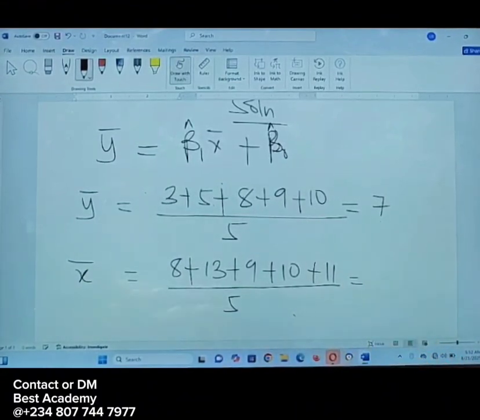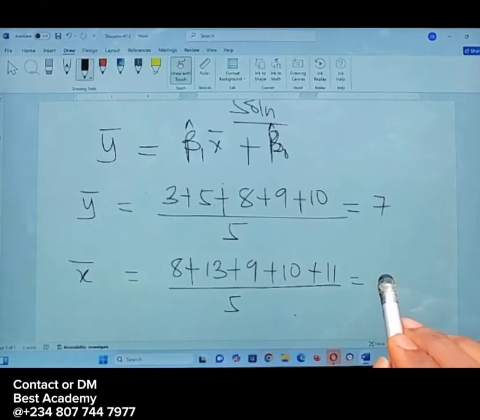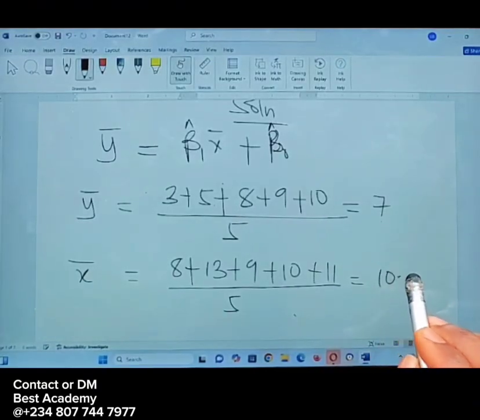So class, this is 8 plus 13 plus 9 plus 10 plus 11. We have 51. 51 divided by 5, we have 10.2. So we have calculated y bar and we have calculated s bar.